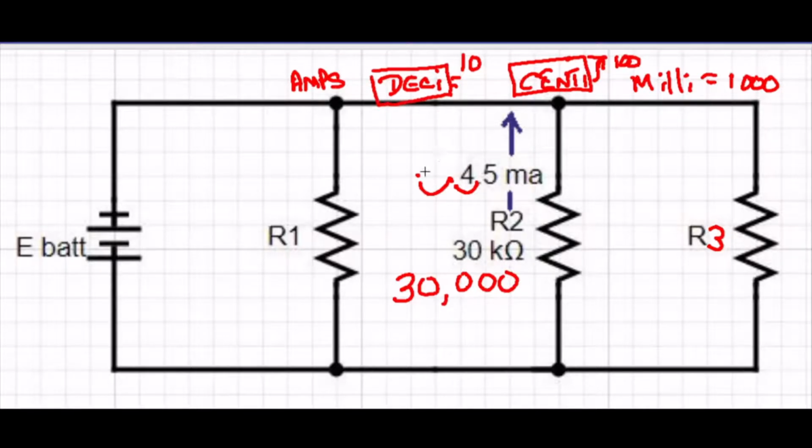And if I move it one more place to there, we're talking about plain old amps. Okay? So let's put in those zeros. So now what we have is 0.0045 amps.